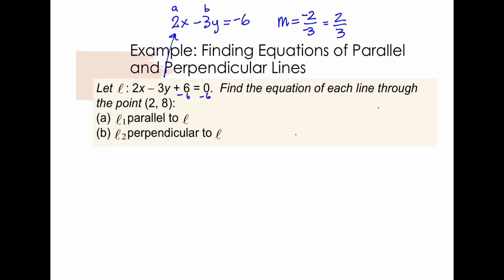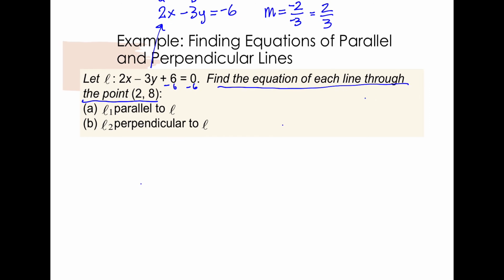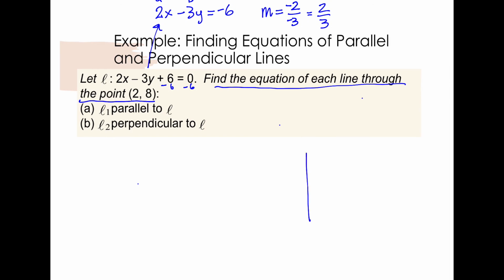All right, we want to find the equation of the line that passes through this point 2, 8, where they are parallel. So line 1 is parallel to the line I'm given. Okay, so if they're parallel, they're the same. So I know that the slope is also going to be 2/3 for L1.